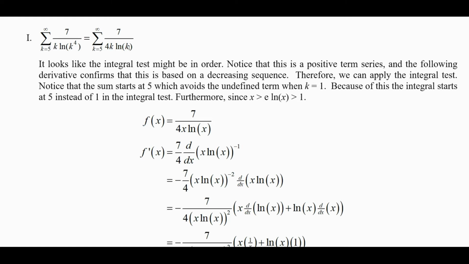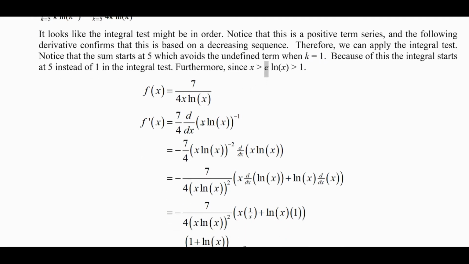Since natural logarithm is an increasing function, and k is an increasing function, k times log of k is an increasing function. The denominator is increasing as k gets bigger, the top staying the same, so the whole fraction is getting smaller. So that's clearly a decreasing term. We could also find it's decreasing by looking at the derivative.